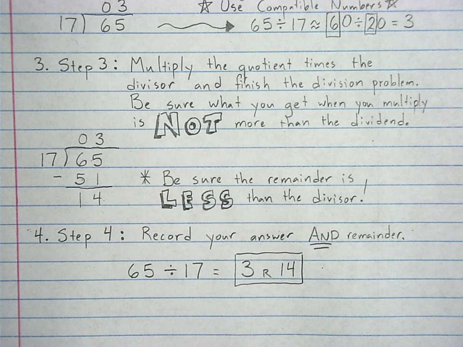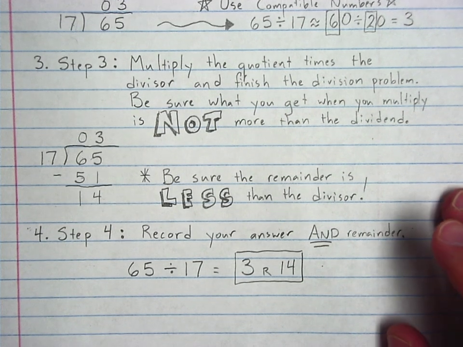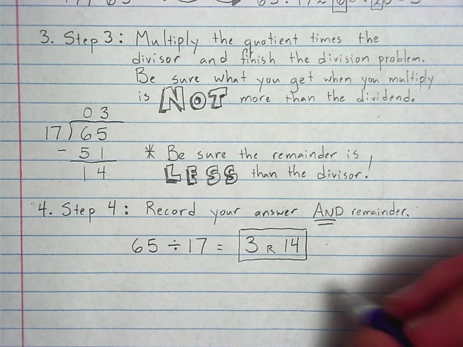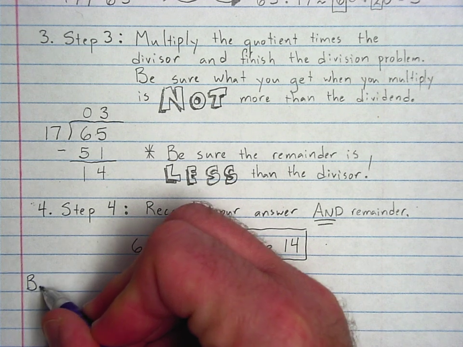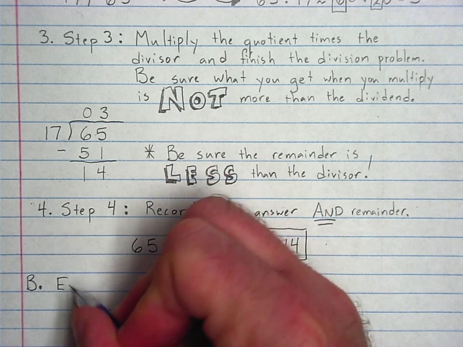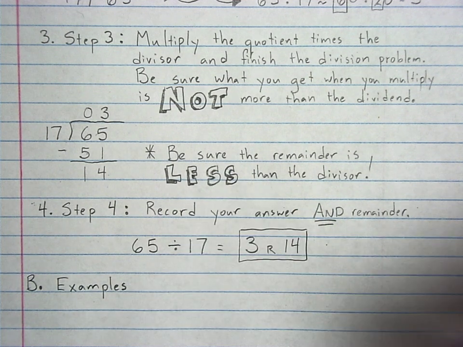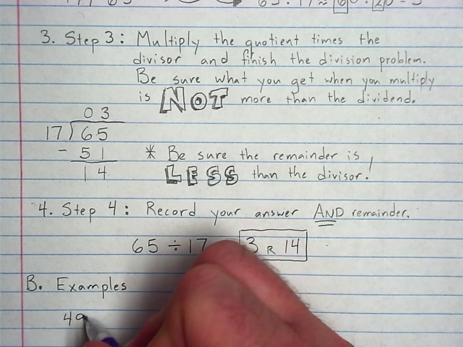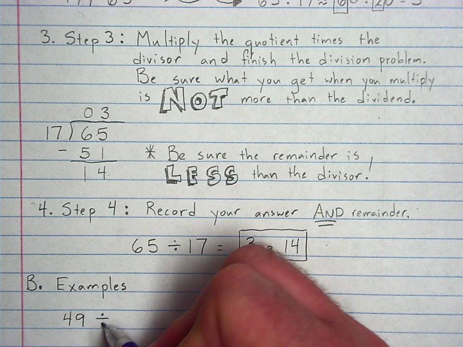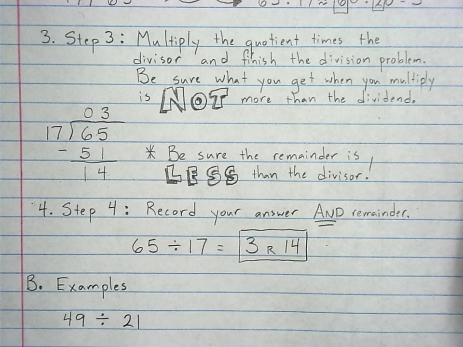Now I'll do more examples in class, but for right now we'll go ahead and stop. I will do this, however, because we haven't had any examples on paper in a while. I will give you 2 of those examples to start with now. So take a look at 49 divided by 21.